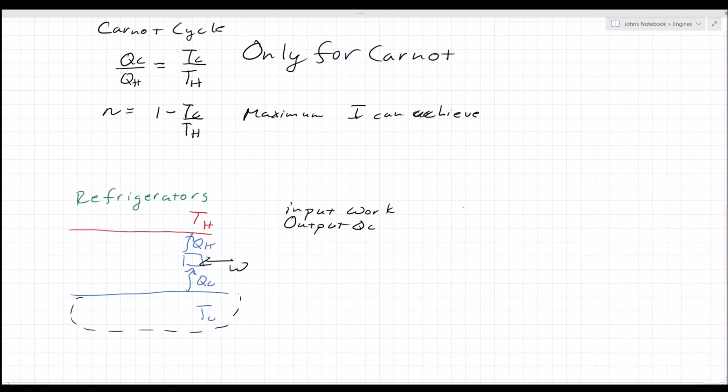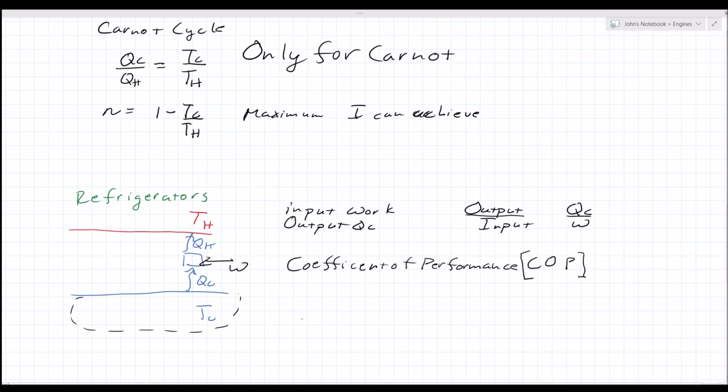So my equation would be, since it's output over input, QC over work. Now, when you're dealing with refrigerator cycles, to determine how good that cycle is, you are going to use what's called the coefficient of performance, sometimes called COP, sometimes denoted with this beta value.